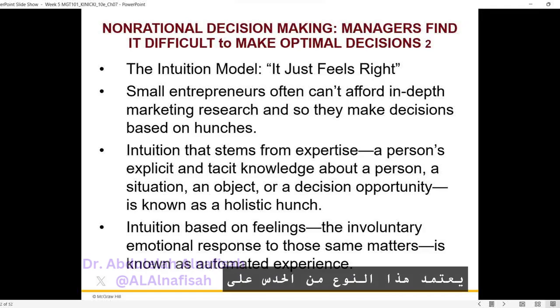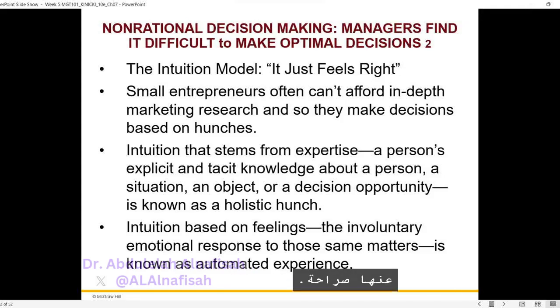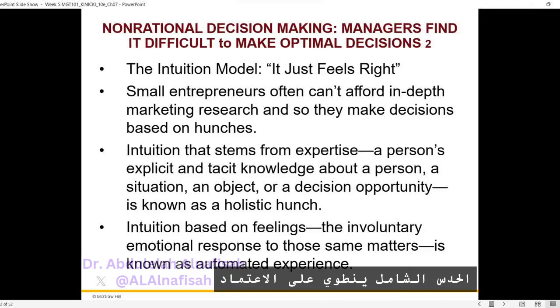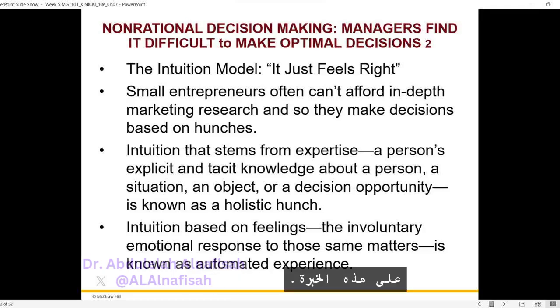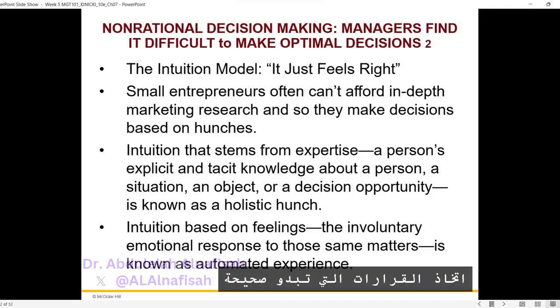This type of intuition is based on expertise and knowledge, both explicit and tacit, that an individual possesses about a person, situation, object, or decision opportunity. Explicit knowledge refers to information that can be consciously articulated and communicated, while tacit knowledge is more experiential and difficult to express explicitly. Holistic hunches involve drawing upon this expertise to make decisions that feel right without relying on conscious thought or logical inference.